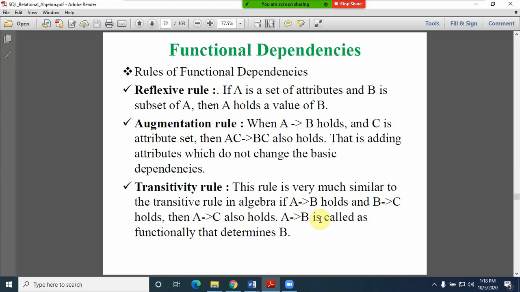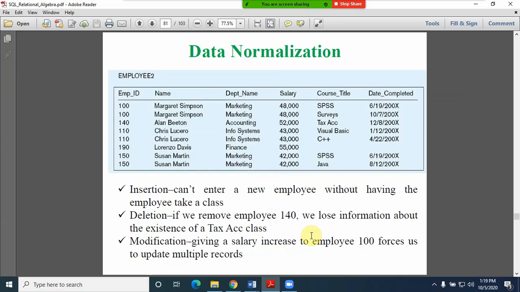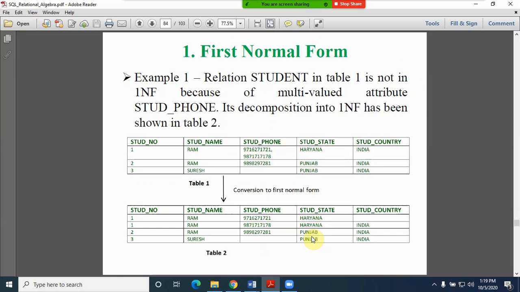A to B means A functionally determines B. So consider three attributes: A functionally determines B, B functionally determines C. If these two conditions are satisfied, then A functionally determines C also holds, and we call such a rule the transitive rule. But in case of the third normal form, this transitive rule should be removed. That is the definition.